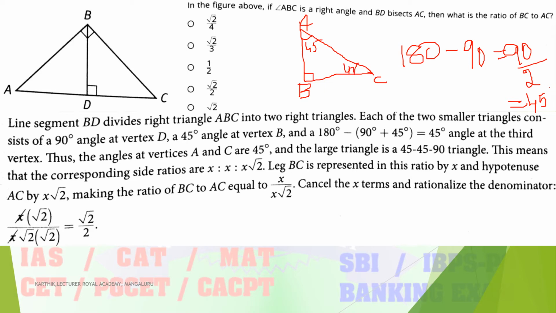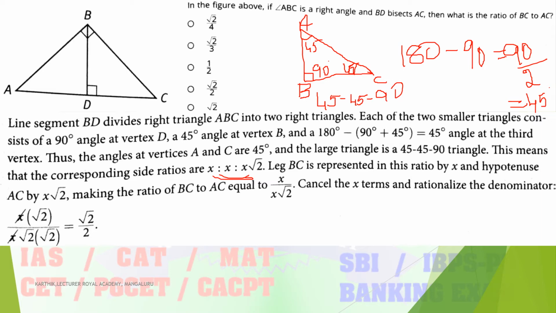And this is 90 degrees. Total is 180 degrees: 45, 45, 90. Then use the relationship for 45, 45 and 90 degrees. That relationship is nothing but x, x, x square root of 2.